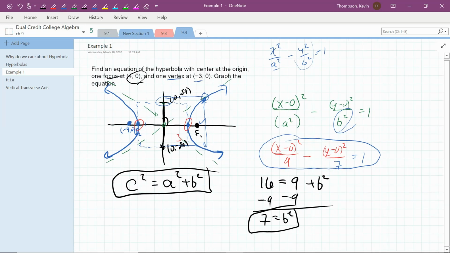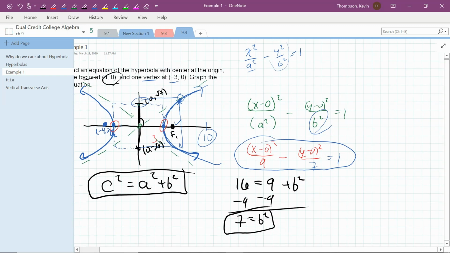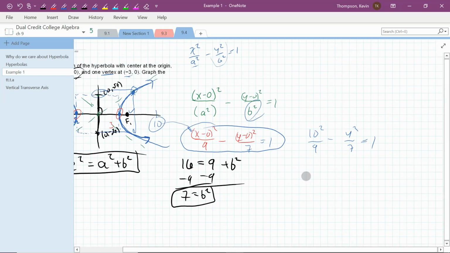So again, if I wanted to figure out exactly what this curve looked like, I could pick any number I want. I could pick 10, and I could go over to my equation that I wrote, and I could say, okay, x is 10. So I'd get 10 squared over 9 minus y squared over 7 equals 1. So this is 100 over 9.